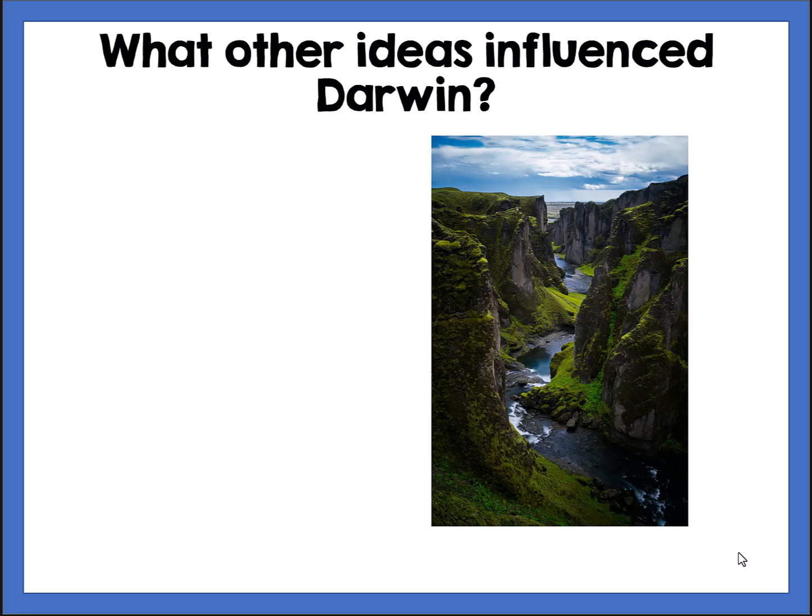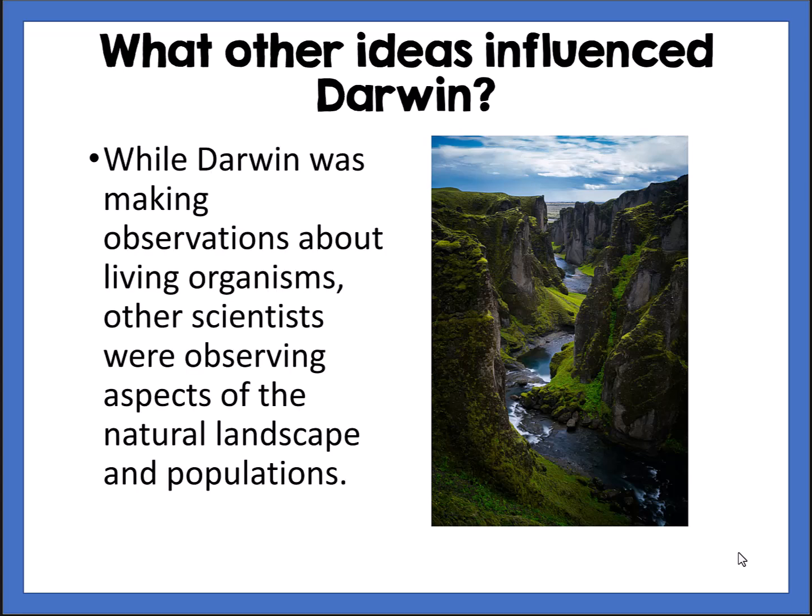So what other ideas influenced Darwin? He wasn't the only scientist that was working on some of these observations at one time. While he was making observations about living organisms, other scientists were observing aspects of the natural landscape and populations.